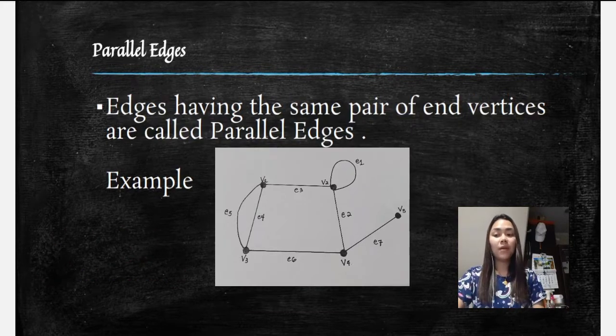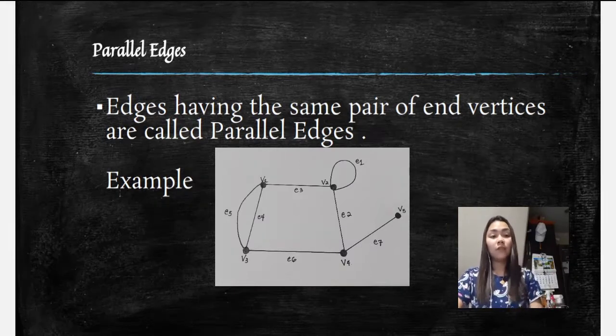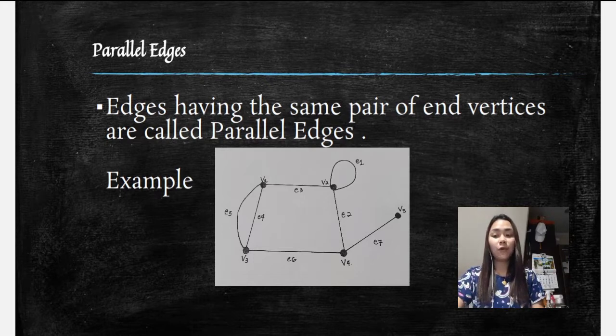Next, the definition is parallel edges. Edges in a graph having the same pair of end vertices are called parallel edges. If we observe this graph, we find that edge e4 and edge e5 are identified by the pair of vertices v1 and v3.